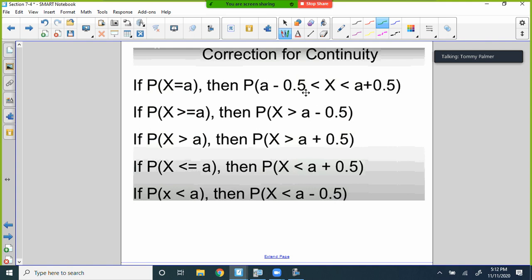If it's greater than or equal to, then it's A minus that. If it's just greater than, then it's A plus it, because you would not include that particular point. Less than or equal to would be the value plus 0.5, and if it's just less than, then it's A minus that.